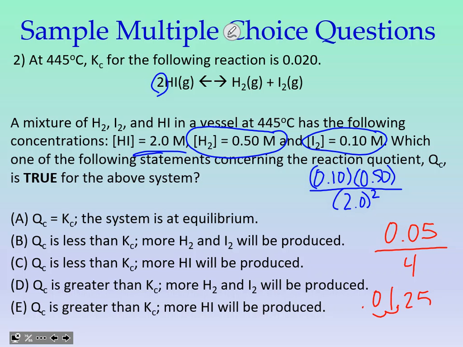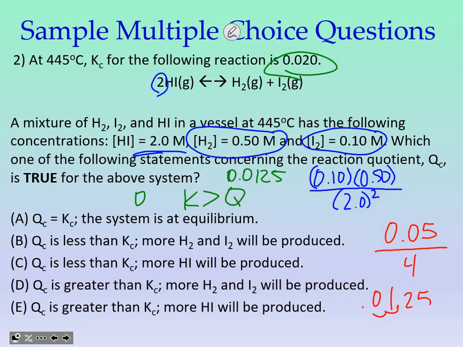So Q is 0.0125. What's K again? What did they tell us K was? 0.020. Up here. So obviously K is greater than Q here.